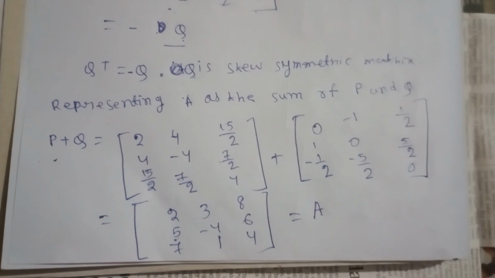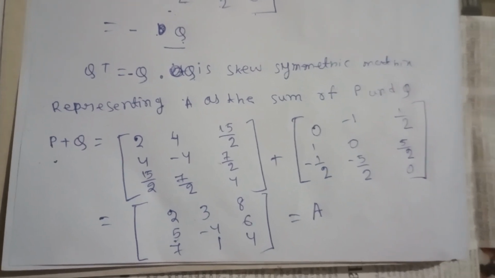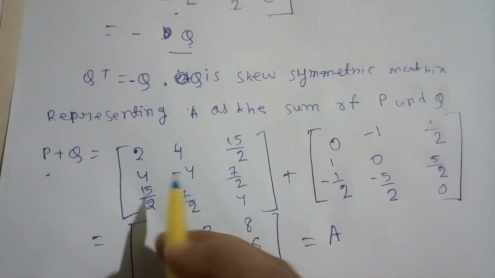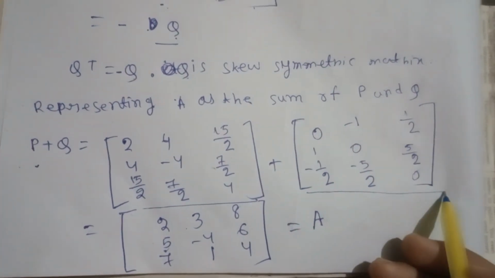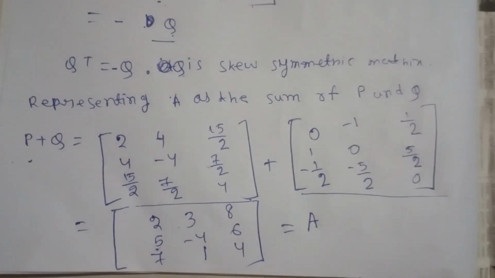We have expressed A as the sum of a symmetric part and a skew-symmetric part.